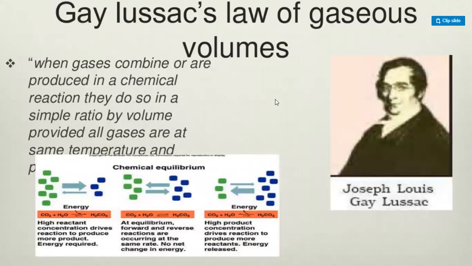Next is the law of gaseous volume. When gases combine or are produced in a chemical reaction, they do so in a simple ratio by volume, provided all gases are at the same temperature and pressure. If you want to combine gases, the first thing is to reduce the temperature, so that the kinetic energy of the molecules reduces and the gases can liquefy easily.